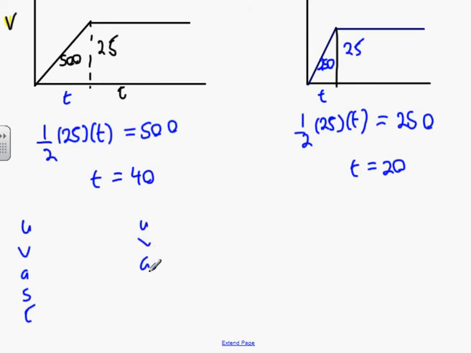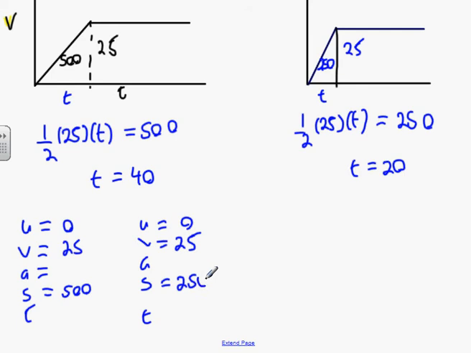I liked that way because I thought it was really fast: 0, 0, 25, 25, and then you have your S is 500, your S is 250, and you could do v squared equals u squared plus 2as, and basically you can find out A and then find out T? Yeah. Find out A, then find out T. Two-step process for that one, okay?